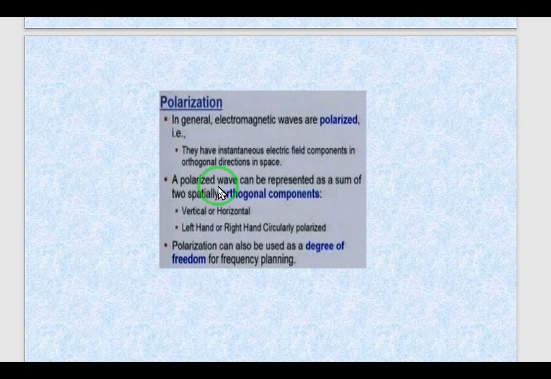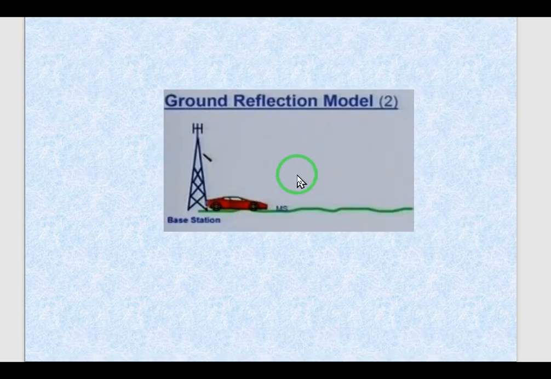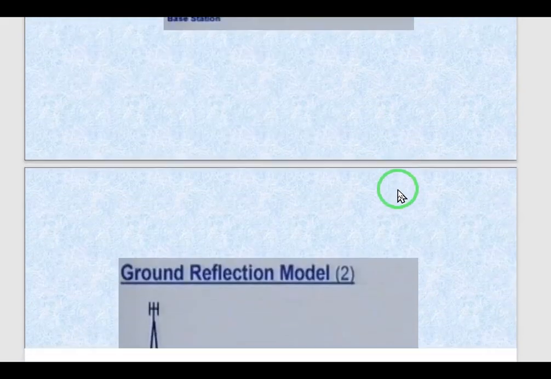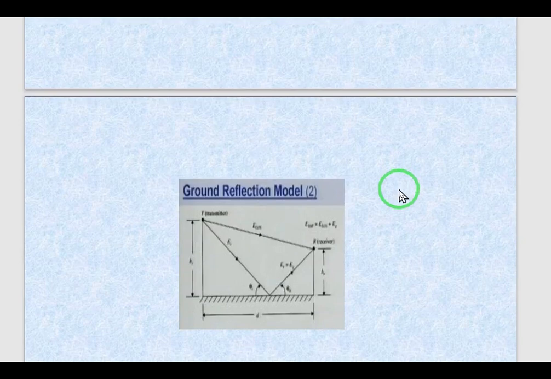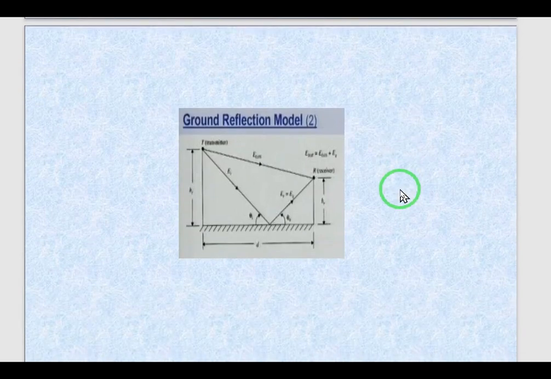Polarization is also very important as compared to the propagation mechanism. This is a practical example of a reflection model, which is the ground reflection model, in which we can see a car, which has a transceiver, transmitting to a tower, which is modeled as this reflection model.